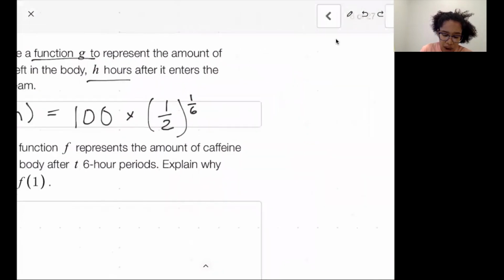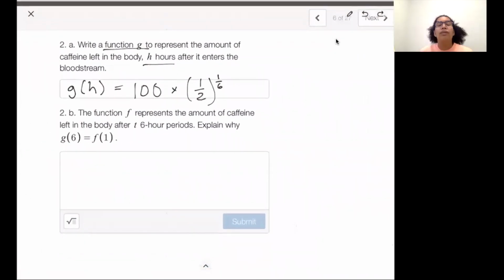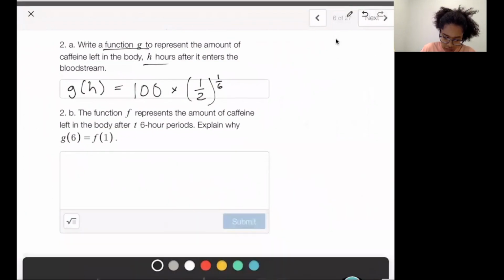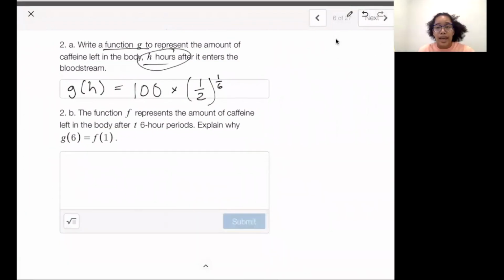So I want to know, how can I make sure that the numerator in this exponent is always going to represent however many hours I'm looking for? I want it to represent h hours. How am I going to get the numerator to represent h hours? I can do that by just adding an exponent of h.